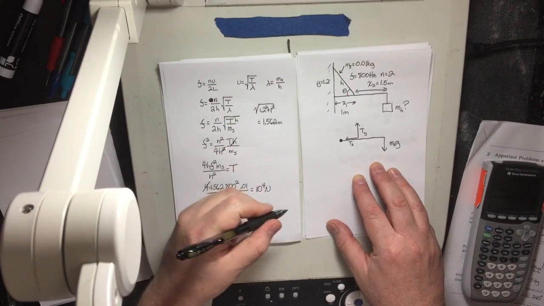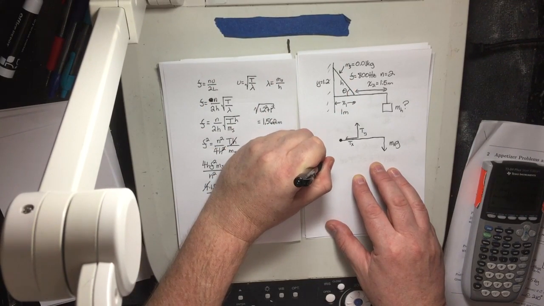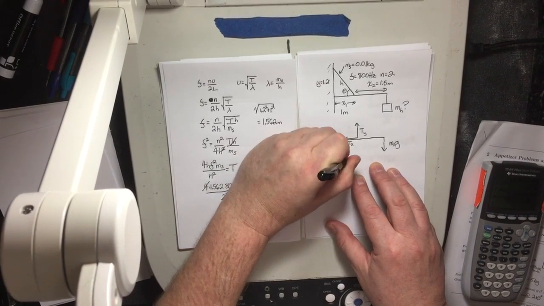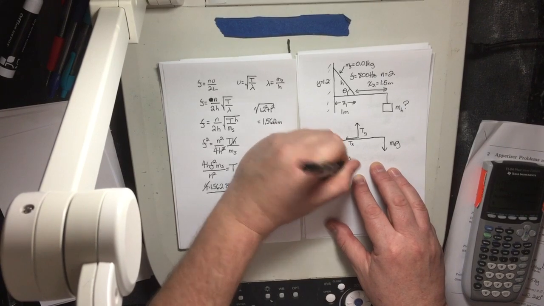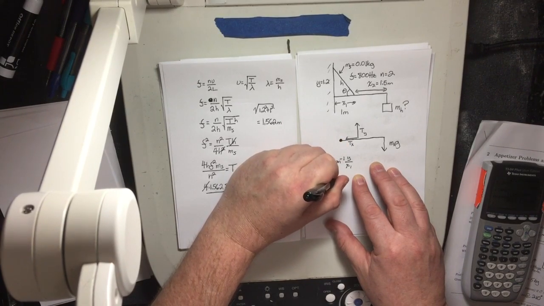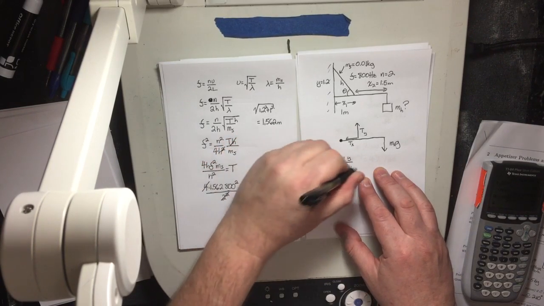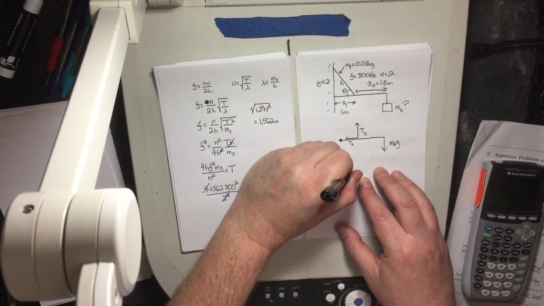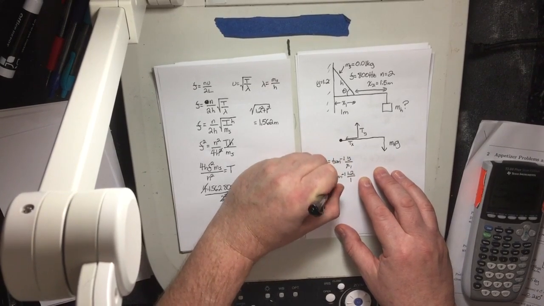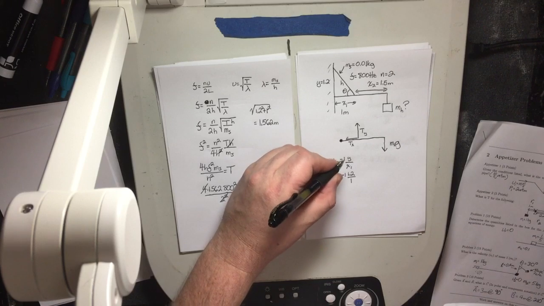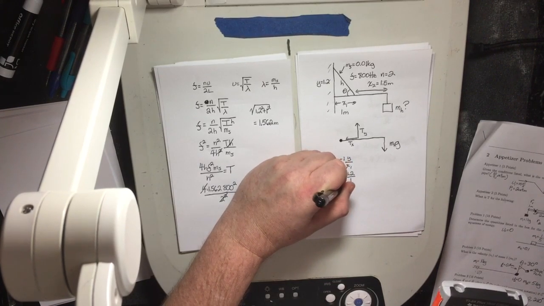So theta is inverse tan of y over x1, which is inverse tan of 1.2 over 1, or inverse tan of 1.2. 50.19 degrees.